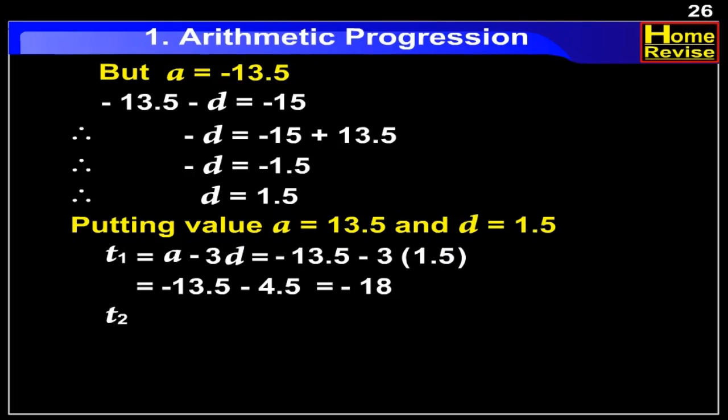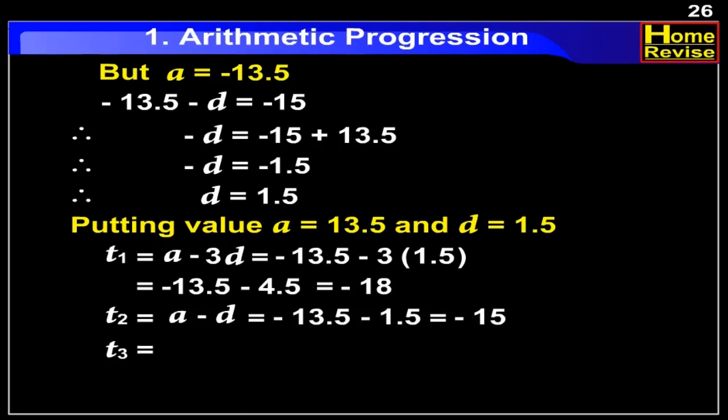Similarly, t2, that is the second term, is equal to a minus d, which is equal to minus 13.5 minus 1.5, which is equal to minus 15. Further, t3, that is the third term, is equal to a plus d, which is equal to minus 13.5 plus 1.5, which is equal to minus 12.